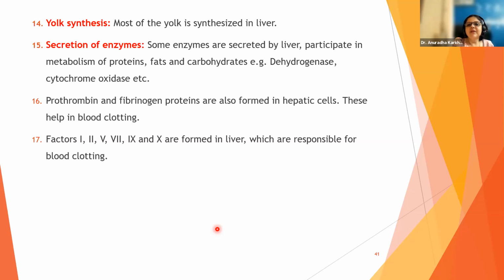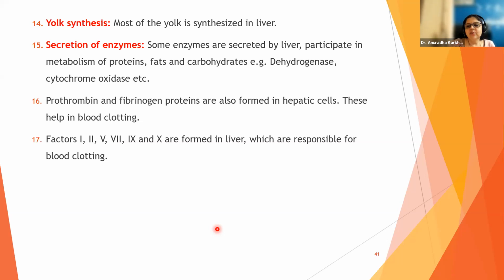I hope you all have understood everything about the liver up till here. The majority of today's lecture was based on the liver, but that's okay. Endocrine will also come. Many things about the liver should be very clear in your mind now, especially the internal structure of the liver. Right.